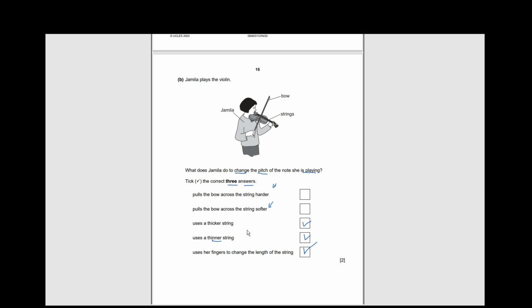I hope you understand. It will make the speed of the sound faster. Jamila uses her fingers to change the length of the string. Yeah, for all these three, not these two. This one is obviously wrong. So yeah, right. Moving on to the next question.